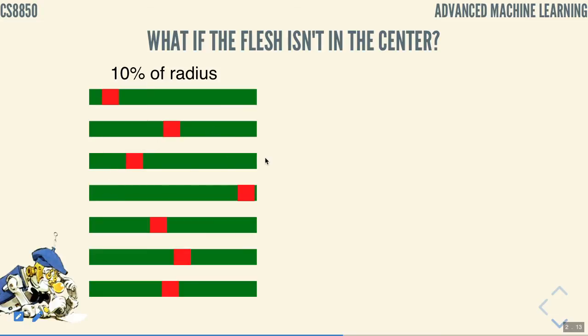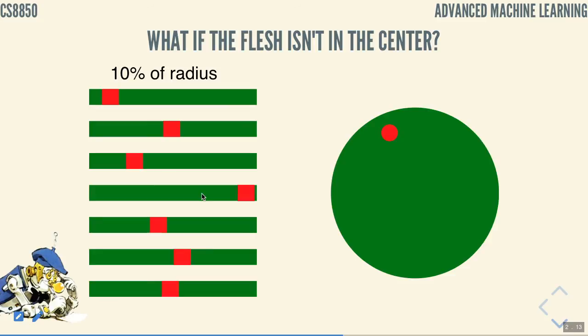If you randomly throw a dart here into one of the boxes, the probability is closer to 0.1. But in 2D, it's the same. What is the probability of randomly hitting the flesh if most of it is bad and only one place is good?